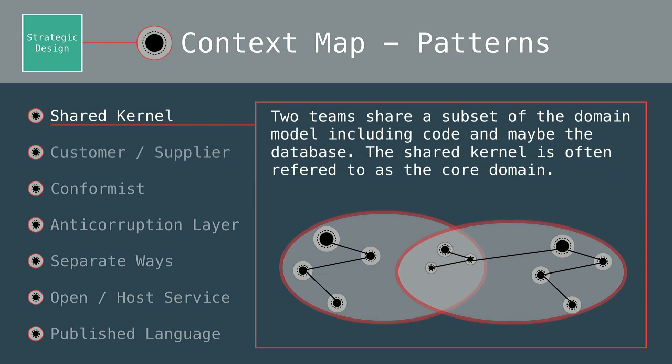The shared kernel says that 2 teams or 2 bounded contexts share a subset of the domain model, including the code and eventually the database.